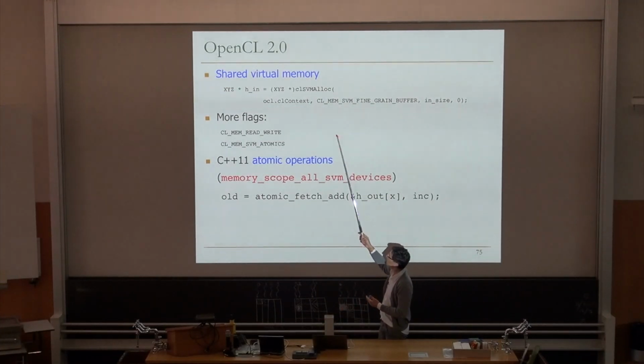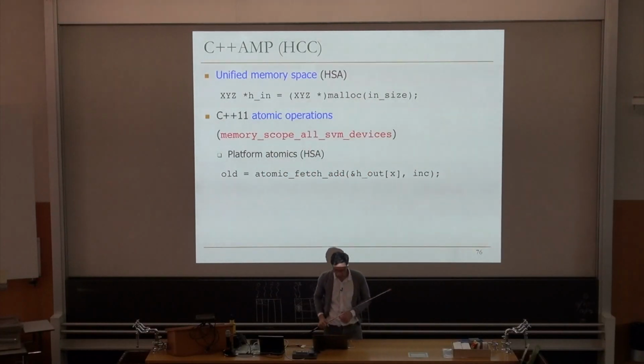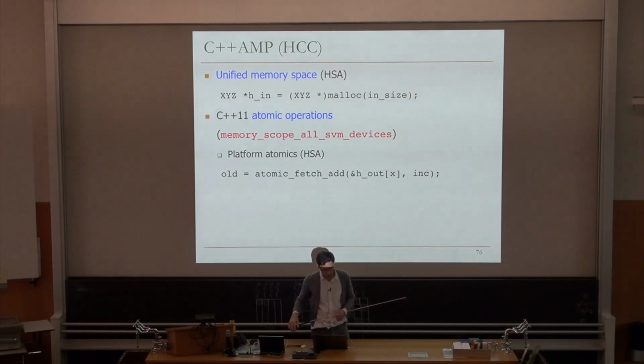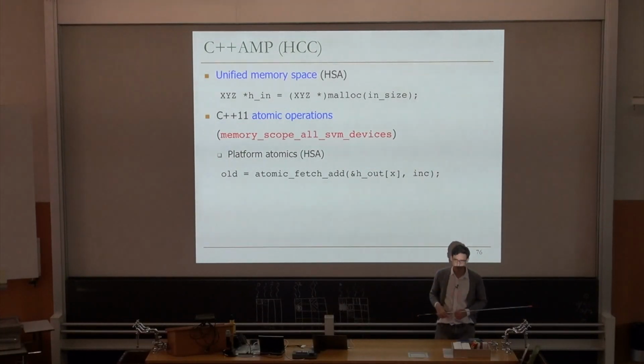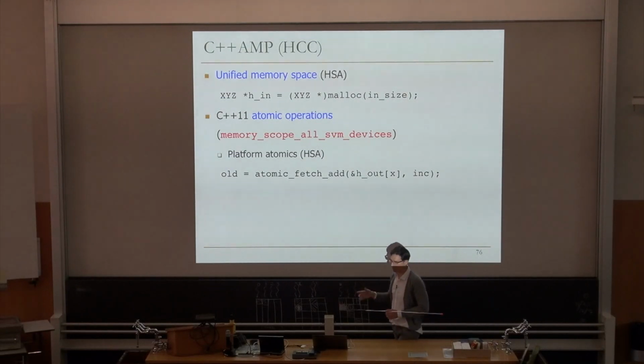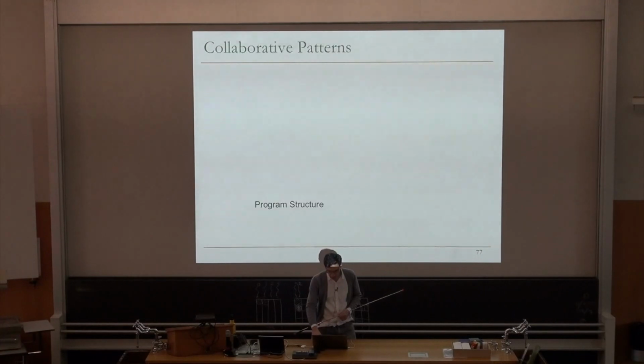Its syntax is a little bit more complex, but the functionality is exactly the same. There are also other programming languages, like C++ AMP, a higher level language that can be used to program these heterogeneous systems. The use of these new programming features, with CPU-GPU memory coherence and system-wide atomic operations, allows us to have some collaborative patterns.